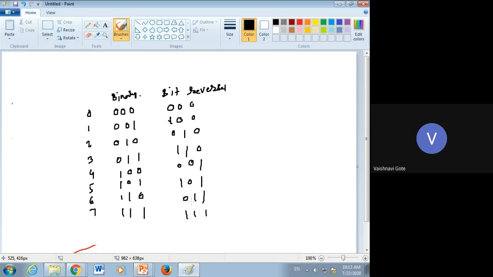Now you write its equivalent number. So 0, 4, 2, 6. This is our first input: 0, 4, 2, 6. Look in the diagram once. Then the second half, what is this? This is 1, 5, 3, 7. This is your second part.